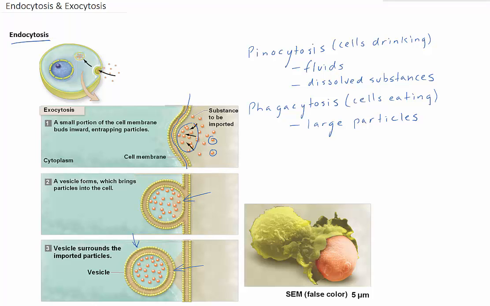So an example of this is white blood cells. This electron micrograph here from a scanning electron microscope is actually a white blood cell, and that white blood cell is engulfing a foreign body through the process of phagocytosis.